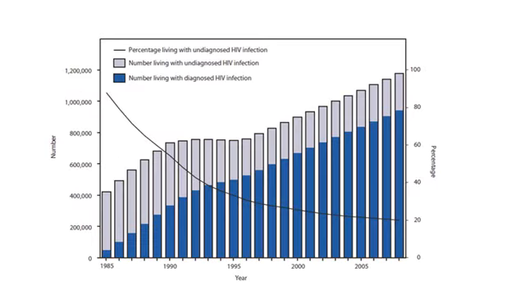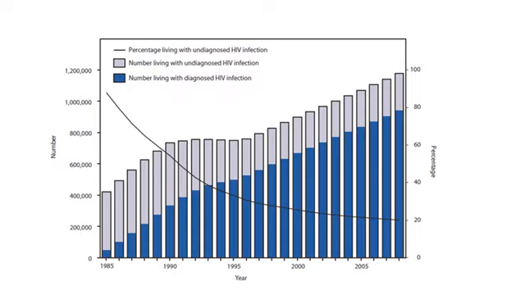So this is a chart of the prevalence of HIV. If you look at the left side of the chart, the darker colors are the number of people living with diagnosed HIV. The lighter blue is the number of people with undiagnosed HIV infection. So you can see in 1985, there were very few people who were diagnosed and a lot of people undiagnosed.